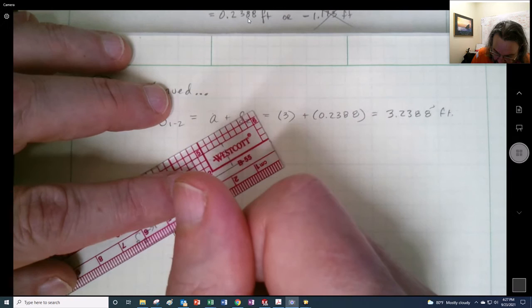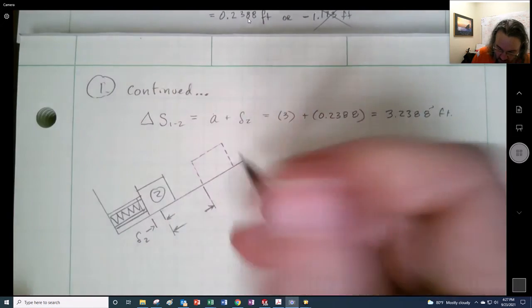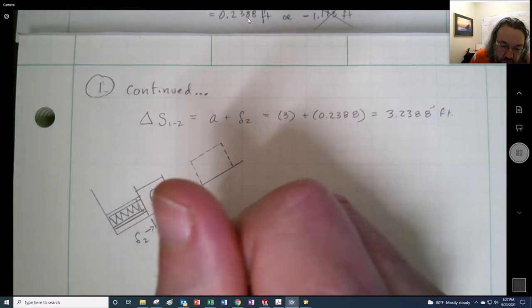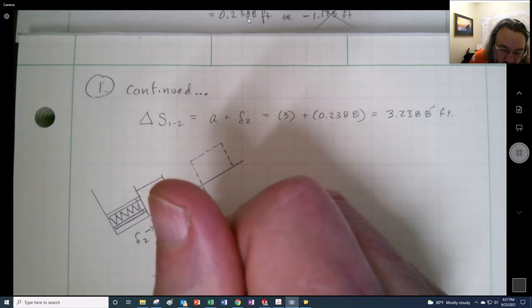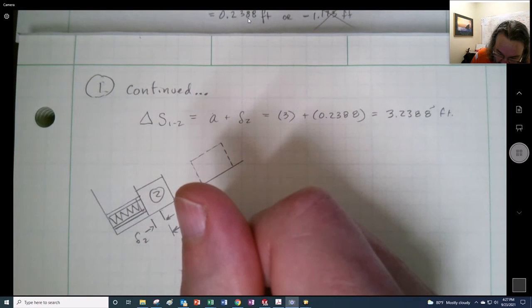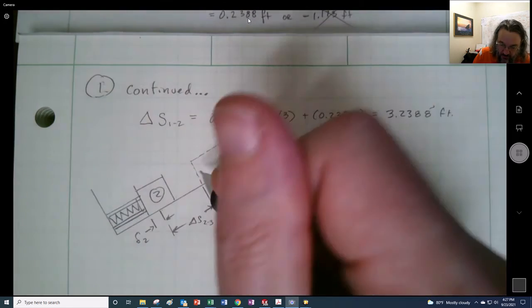And this right up here is going to be my del, how do I want to write this? I think I want to write it as del S23, but I got to be careful.